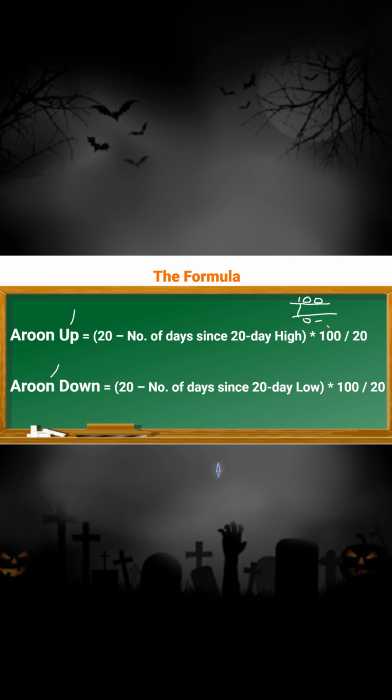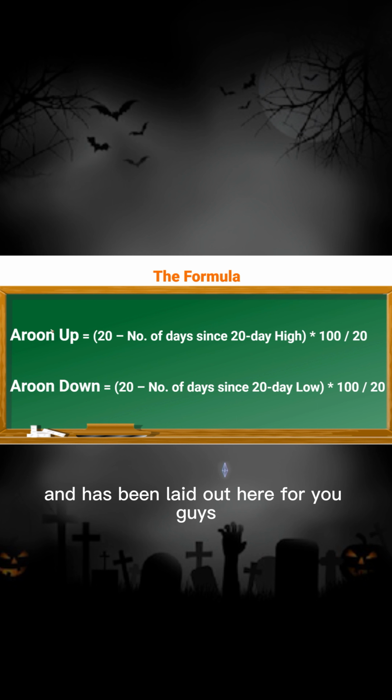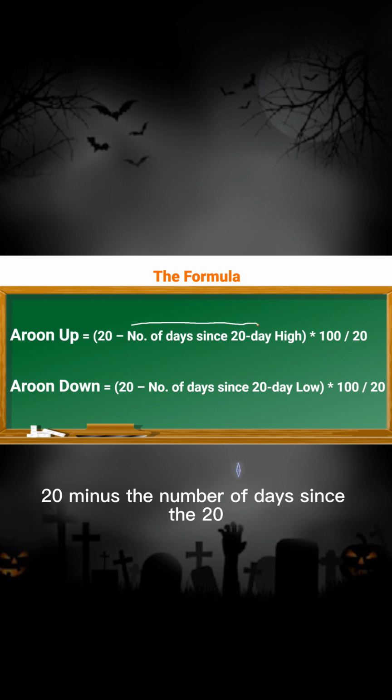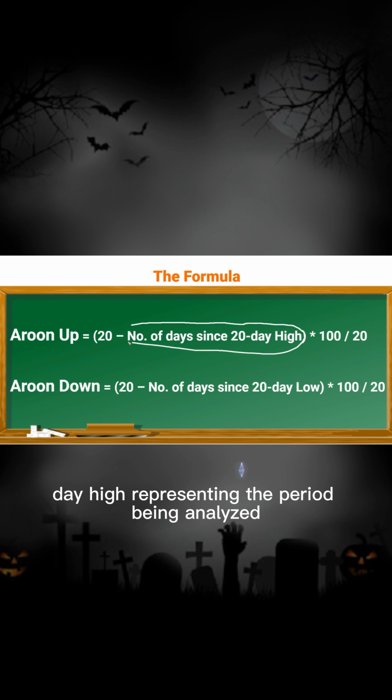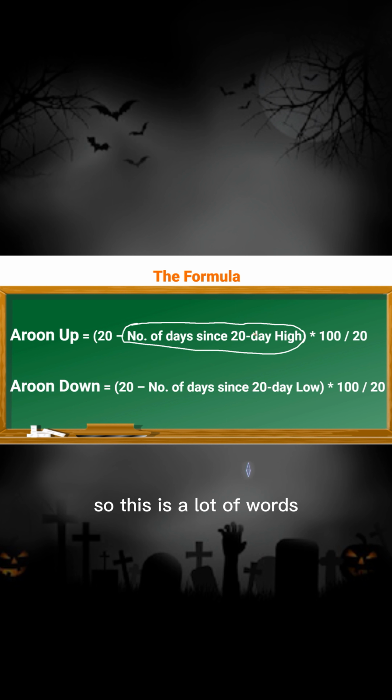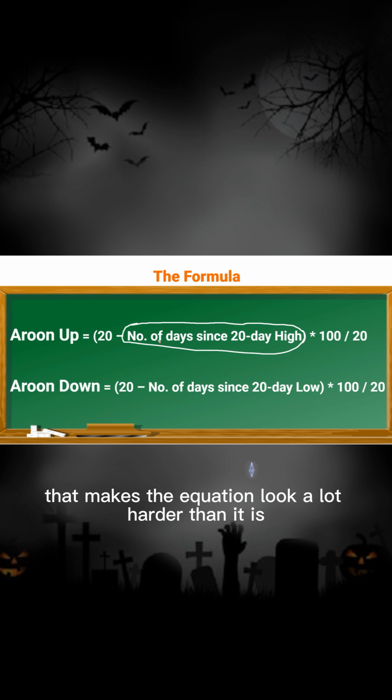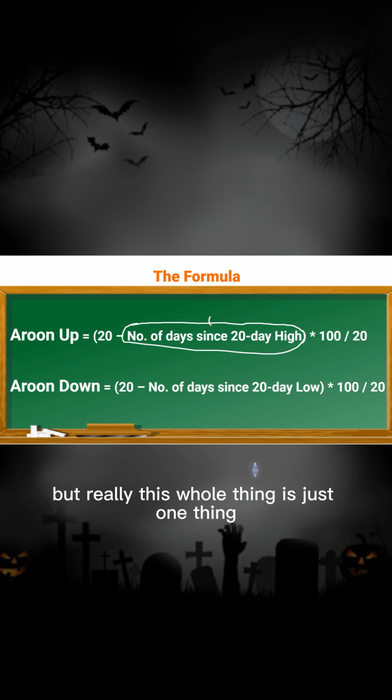The equation for how these lines are calculated is relatively simple and has been laid out here for you guys. So for the AroonUp line, it's going to be equal to parentheses 20 minus the number of days since the 20-day high, representing the period being analyzed. So this is a lot of words that makes the equation look a lot harder than it is, but really this whole thing is just one thing, and you'll see here when we give you an example in just a moment.